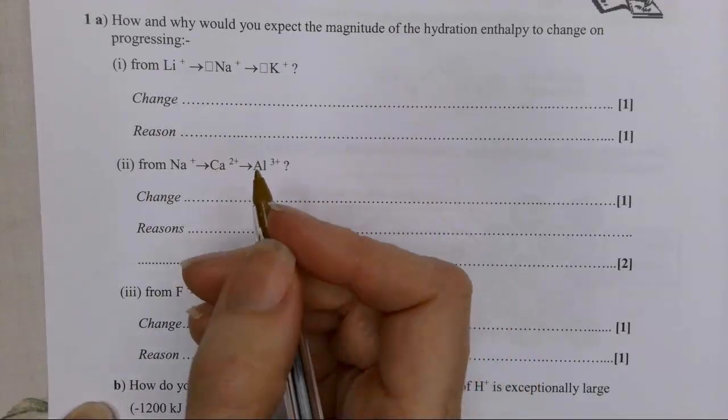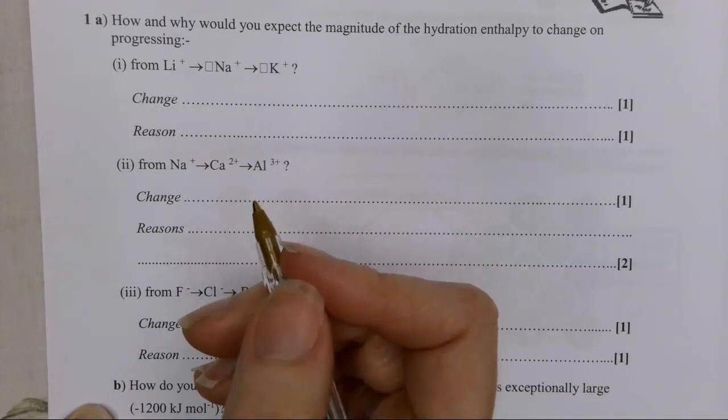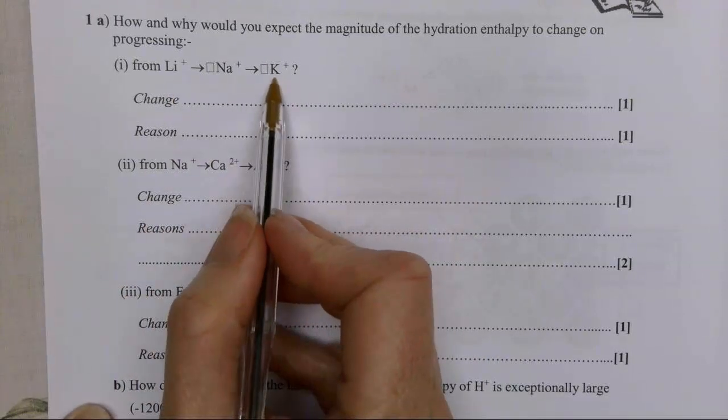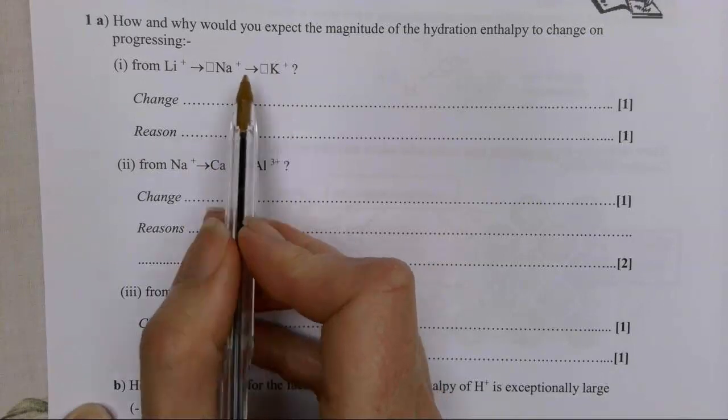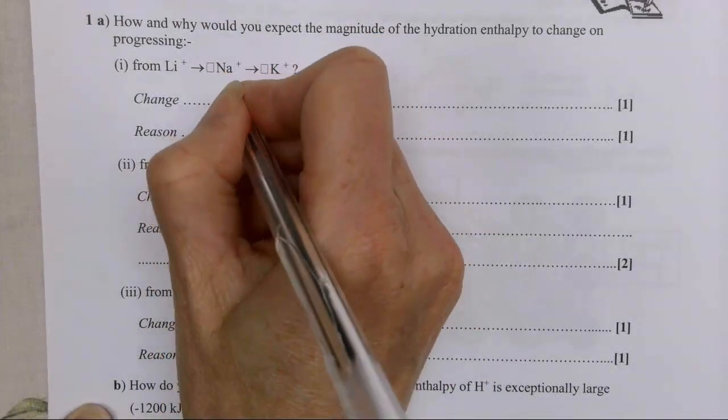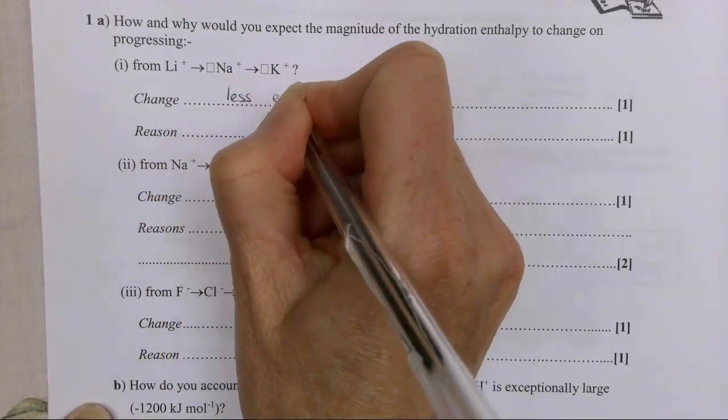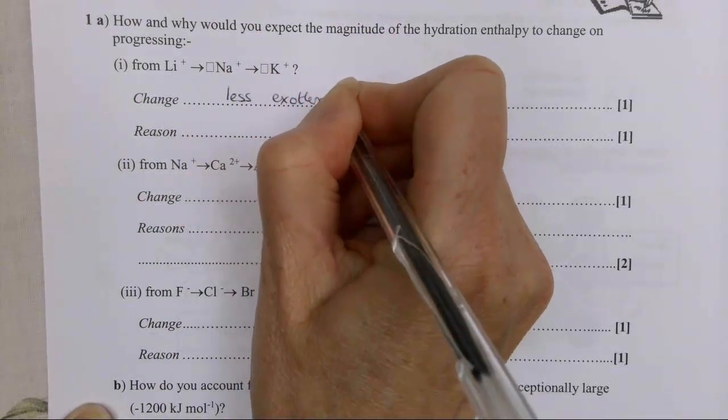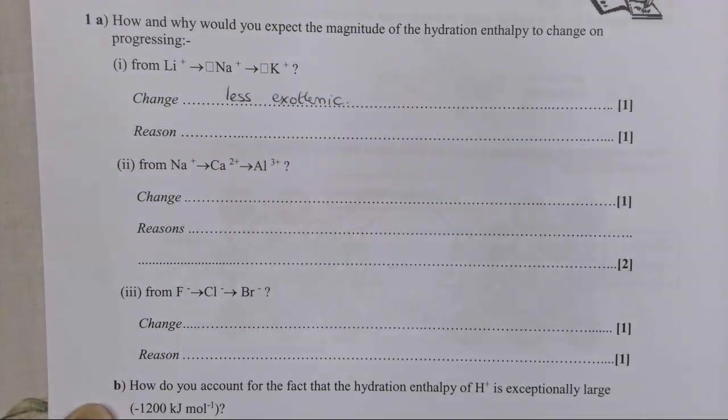Okay, so thinking about the magnitude of the hydration enthalpy and how it's going to change on progressing. So we're looking here, as we go down the group, and as we go down the group, it's going to become less exothermic. Remember, it's better to talk about something becoming less or more exothermic rather than larger or smaller, because we're not 100% sure what that actually means.